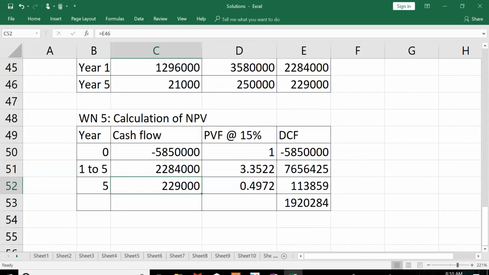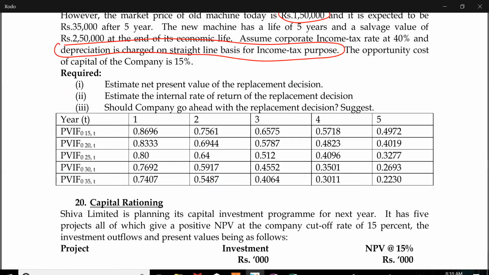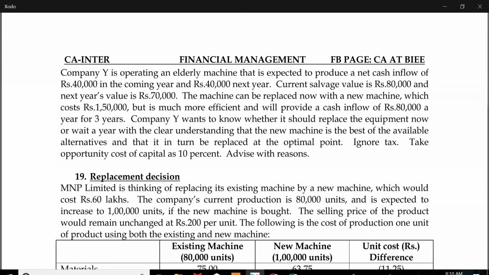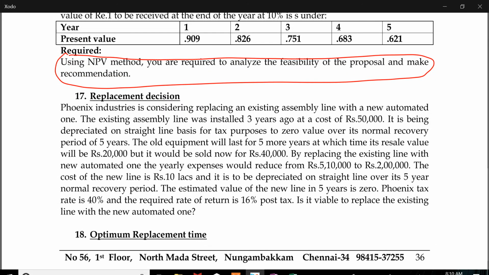Can you proceed? IRR is something I leave to you, do it at home. Any doubts on the NPV number? 19,20,284. The conclusion is we will have to go ahead with the replacement. Whenever NPV is positive, we'll go ahead with the replacement. Any doubts on this? Clear? Can we proceed? Can I move to the next question? Go through question 17.